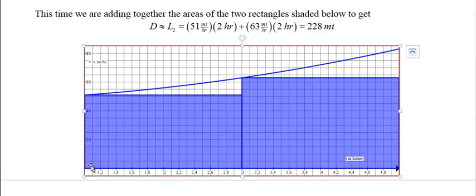So 2 wide and 51 high makes an area of 102 miles. That was our estimate, which is the area of this rectangle here. Similarly, this is 2 wide and 63 tall, and we add those two areas together to get a total of 228 miles. That's the estimate we came up with before.